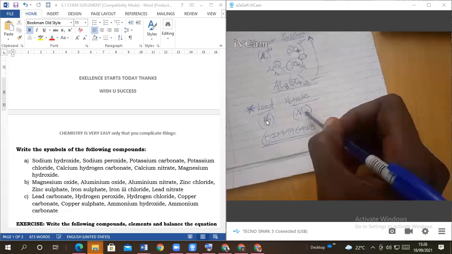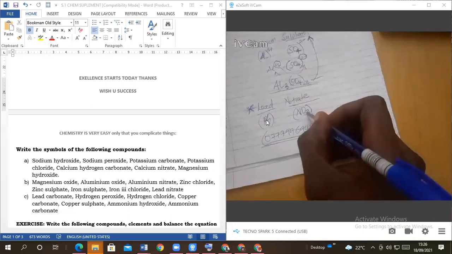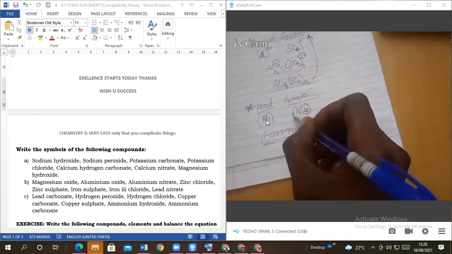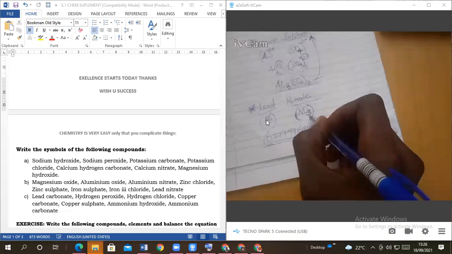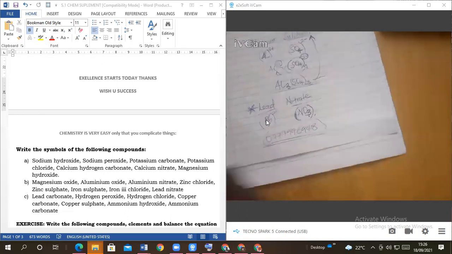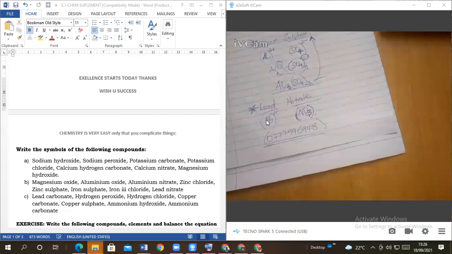No. Never remove what is inside, because this is one compound. We looked at radicals, how they come about. Never remove what is inside here. The powers just come straight outside the bracket. Is it clear? That 3 does not come out. It is actually the 2 up here that is supposed to cross the border and go down there.